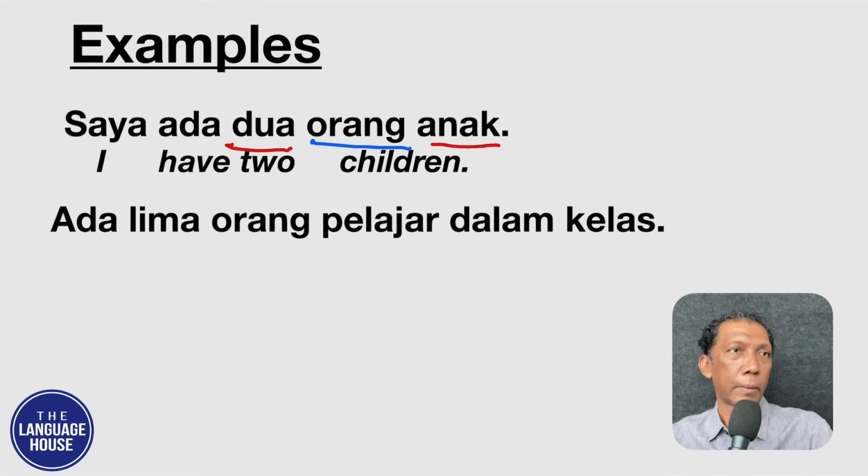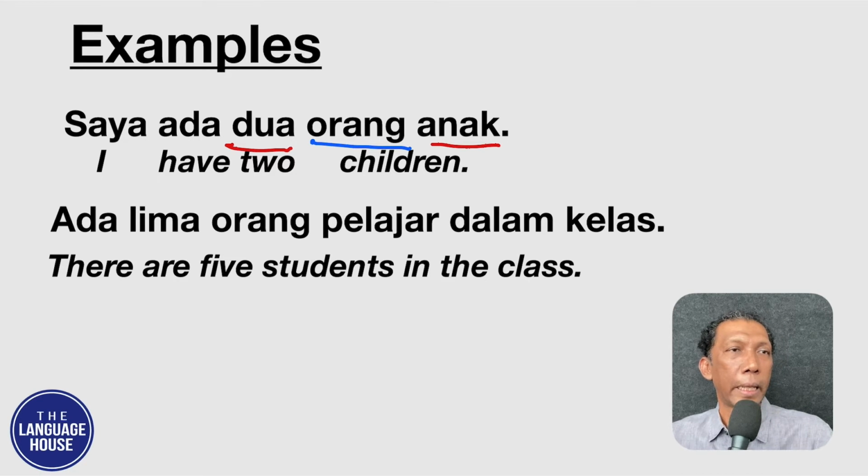How about this one? Ada 5 orang pelajar dalam kelas. Can you say that after me? Ada 5 orang pelajar dalam kelas. Very good. What does it mean? It means there are 5 students in the class. Ada means there are, and the number is 5.